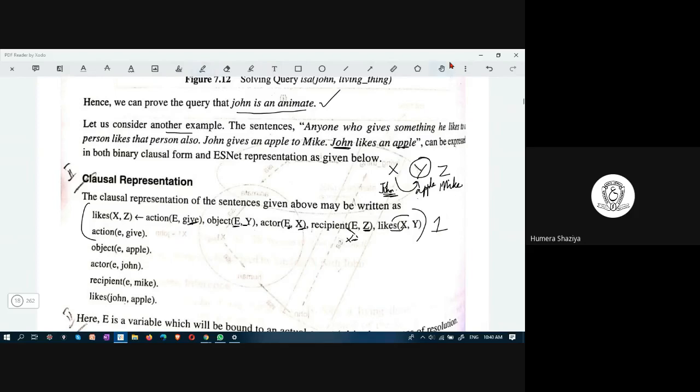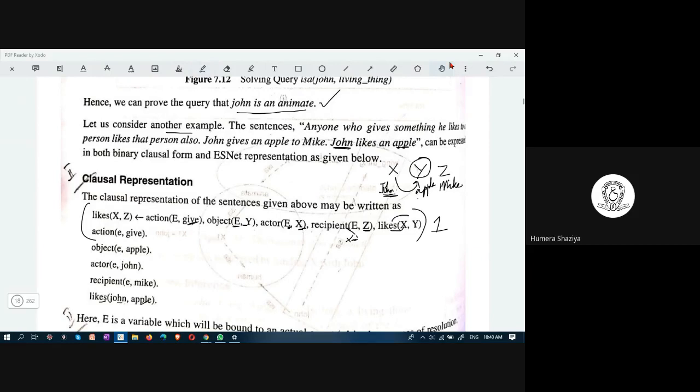And here we are just expanding it. We are saying that E is an action which is give. E is an object which is apple. The actor is John. The recipient of the action is Mike. And also we say that John likes apple.